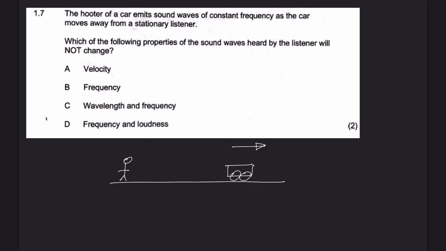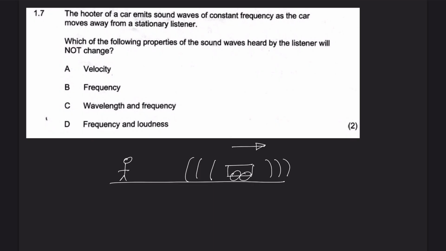So we have to understand that this car is emitting a sound wave in all directions. So it could be emitting it this way, and it could be emitting this way. Now, as the car moves, it is going to compress the sound waves in front of it.